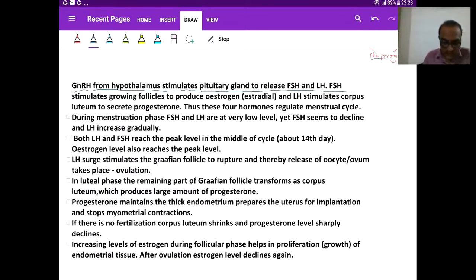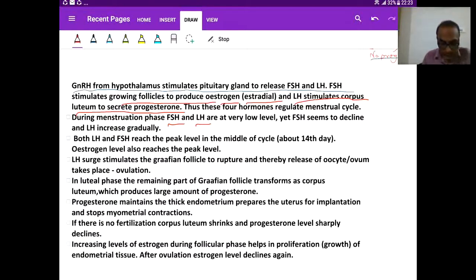So FSH stimulates growing follicles to produce estrogen or estradiol, and LH stimulates the corpus luteum to secrete progesterone. Thus, we see that FSH, LH, estrogen and progesterone are the 4 hormones responsible for the menstrual cycle.